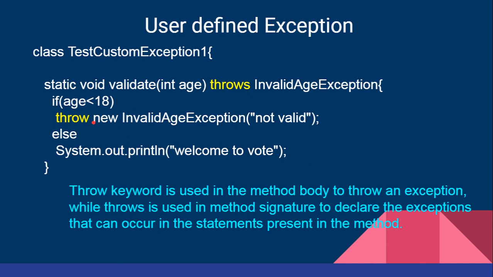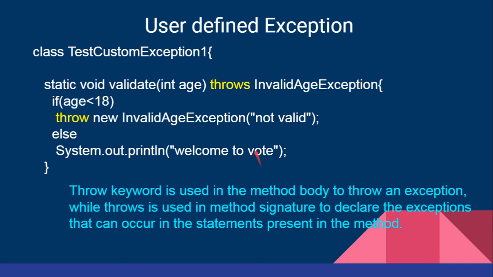Okay, so you can see if age less than 18, throw new. So new is an operator and InvalidAgeException is the exception we defined in this signature, and the message we are going to give is not valid. Else System.out.println welcome to vote. So here this is a part of the program where the input is got from some other part of the program, where we are giving the age of the candidate as the input value.